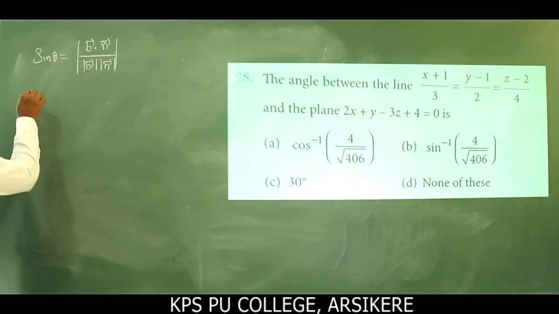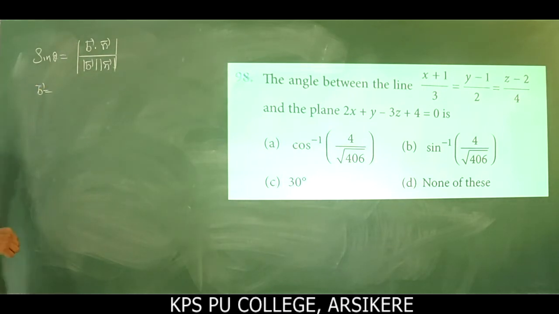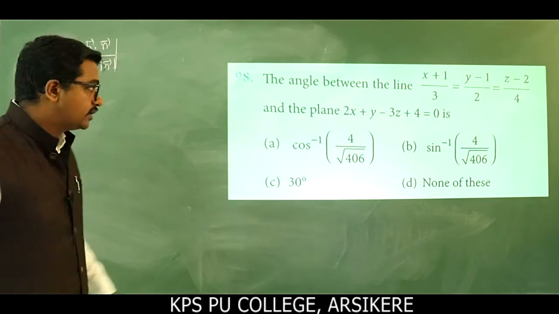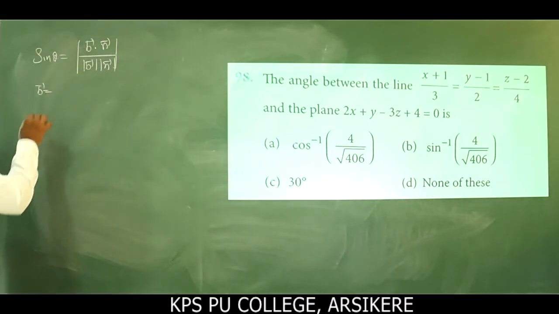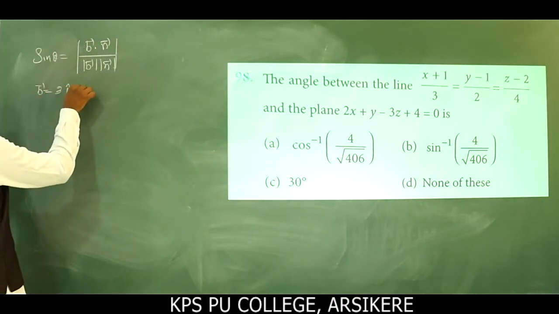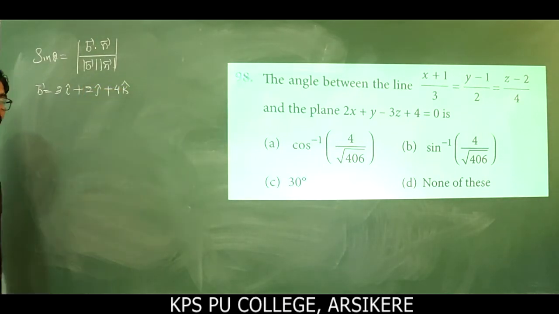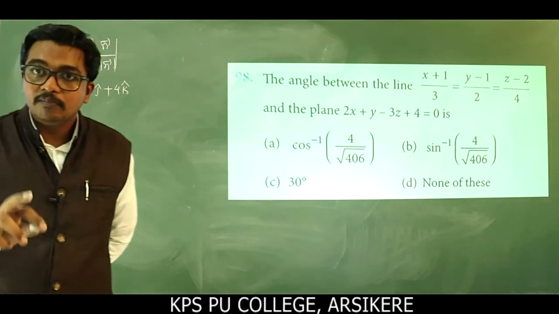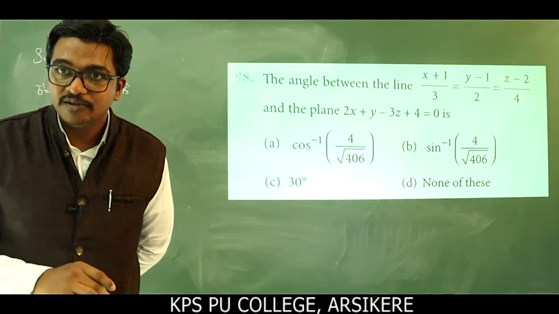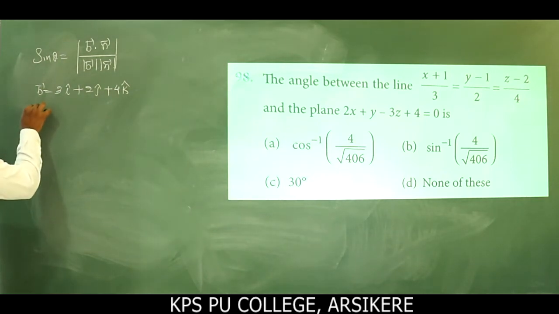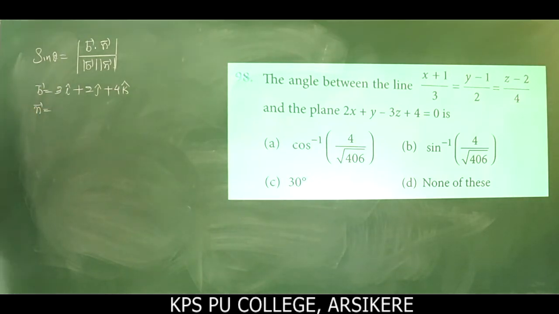First, vector b is nothing but 3, 2, 4, the direction ratios of the line. Hence vector b, which is parallel to the line, becomes 3 i cap plus 2 j cap plus 4 k cap. Remember vector b is equal to a i cap plus b j cap plus c k cap. That is the formula. And vector n is the coefficient of x, y, z.